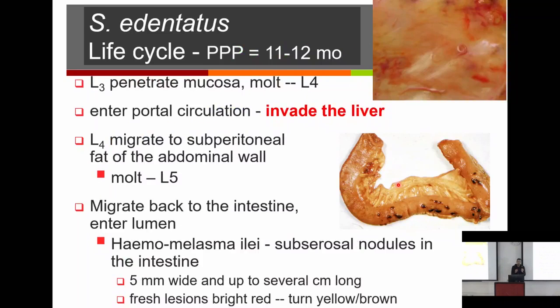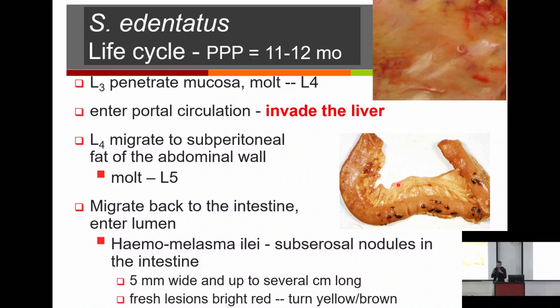In the case of Strongylus edentatus, the life cycle is a little bit different as compared to Strongylus vulgaris. Pre-patent period is pretty high, 11 to 12 months. L3 stage larvae penetrate into the intestinal mucosa, convert into L4 stage larvae, and this L4 stage larvae then enter into the portal circulation and reach the liver.